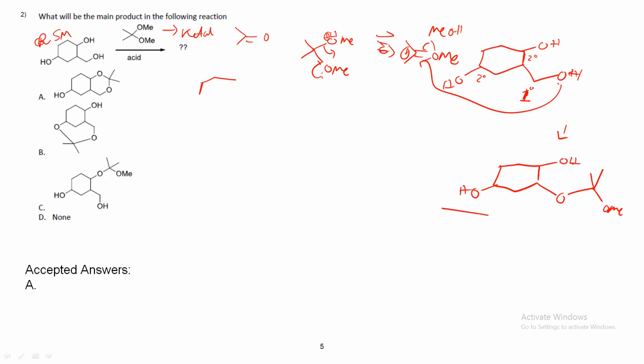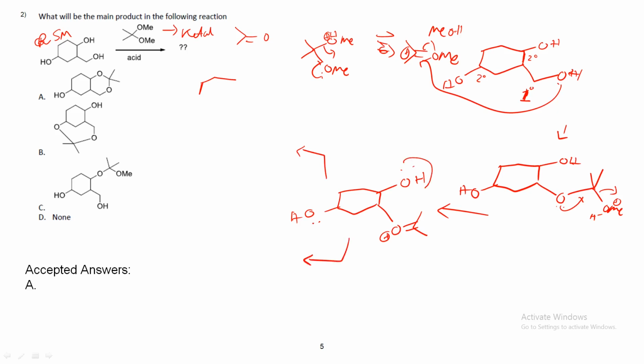So again, H plus in the system is readily available, and OH will be reacting, and this oxygen push would go like this, and it again generates this particular species. Now here you can see we have two options. This OH can attack or this OH can attack.